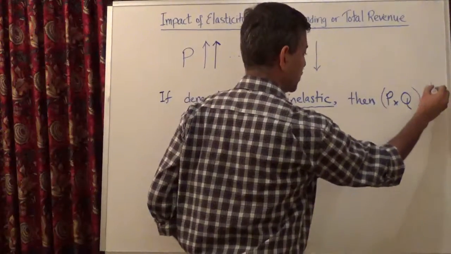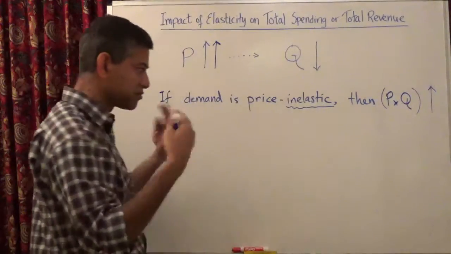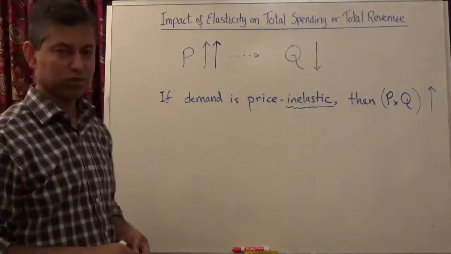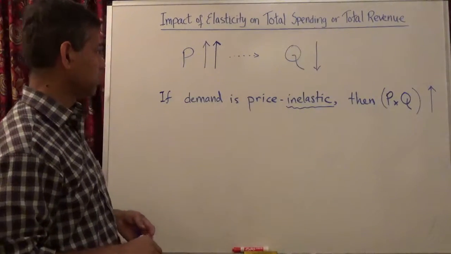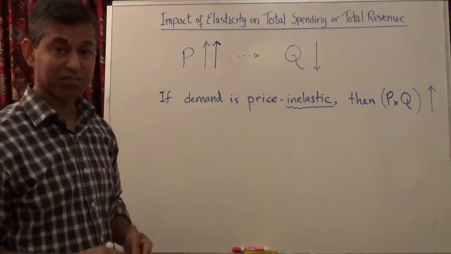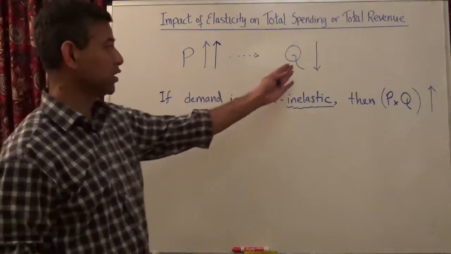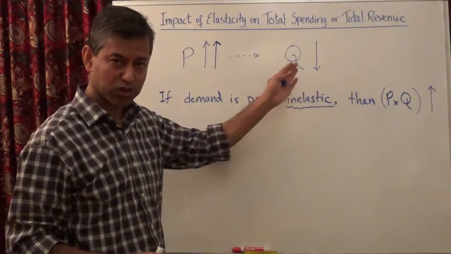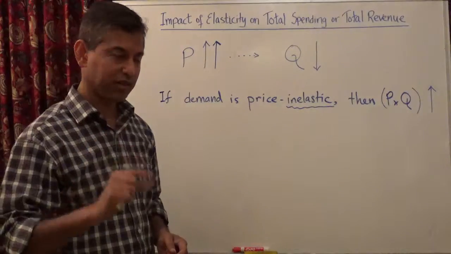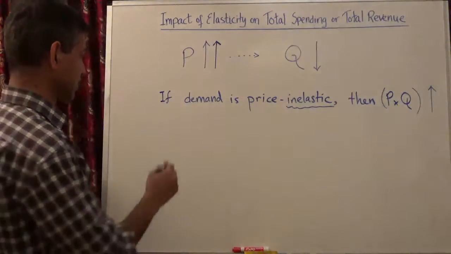So we would have been right in speculating that total dollar amount spent by consumers would go up with this increased price. But that's because in this particular scenario, the quantity adjustment, the quantity reduction, is relatively little. So that's the scenario of price inelastic.